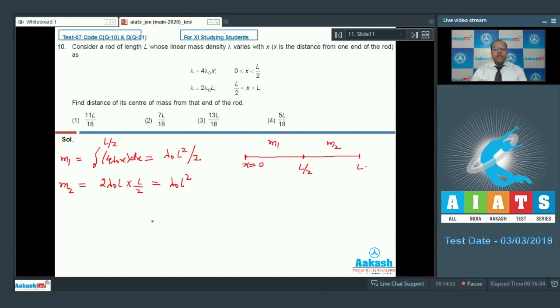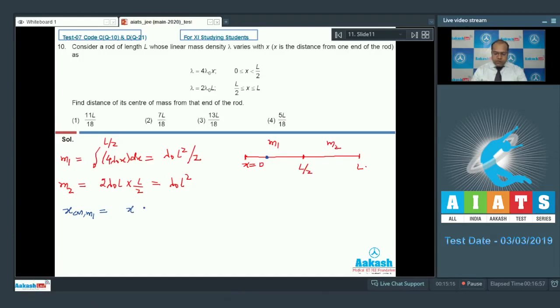Now, if I calculate the position of center of mass of this segment of mass m1, then let it is at this position, and I have to calculate what is the distance from x equal to 0. So x center of mass of m1 can be calculated as x into dm.